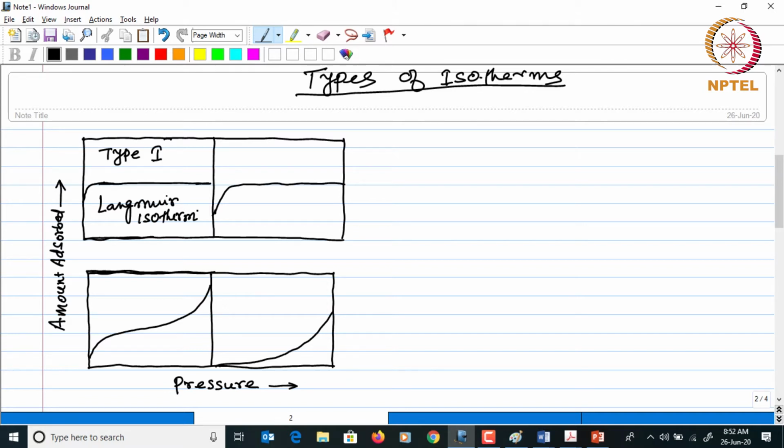And this is also a reversible type, which is typical of microporous solid surface.